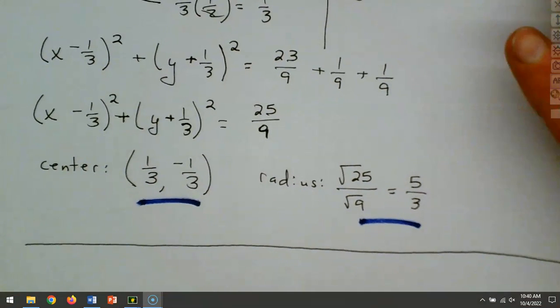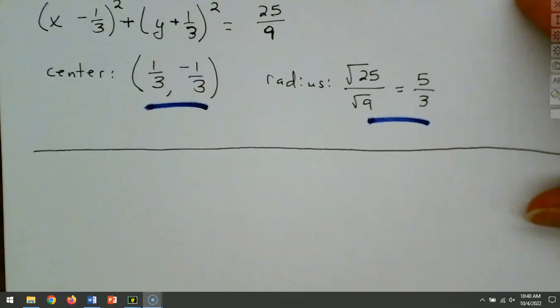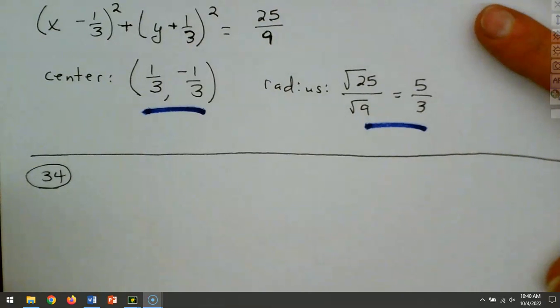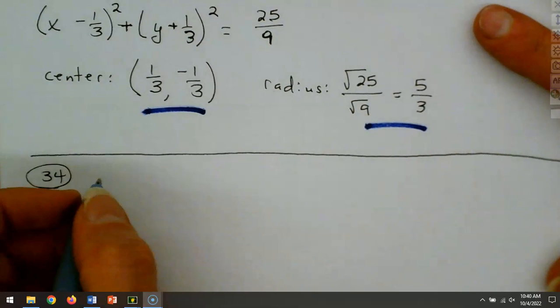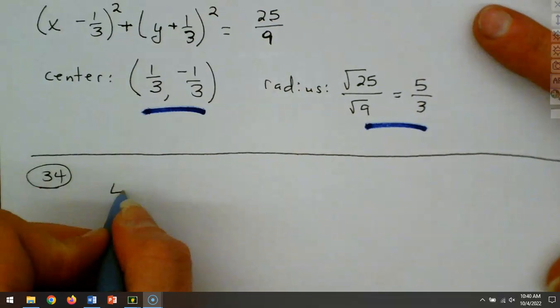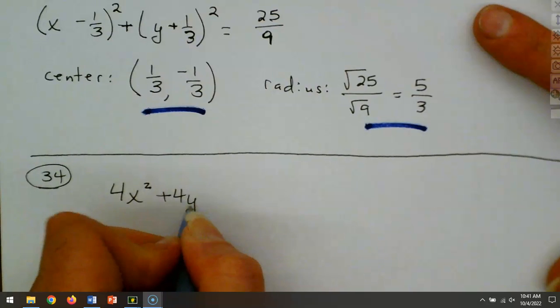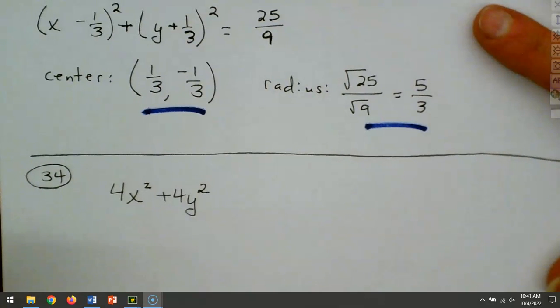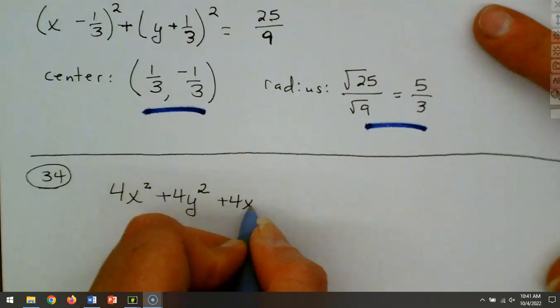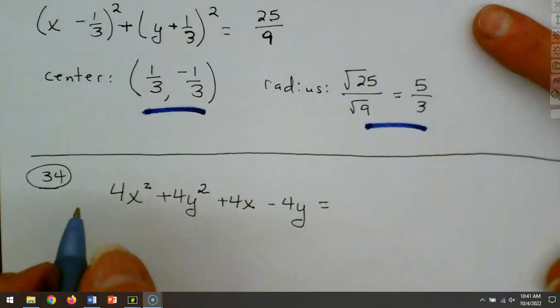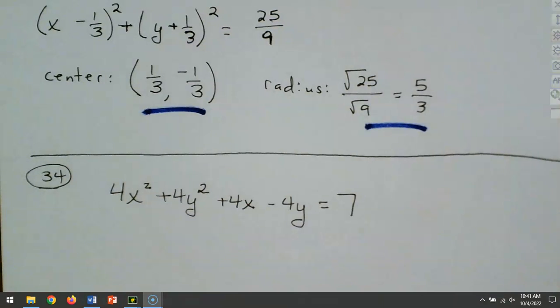So question 34 is another one where you're going to have to divide. And I'm going to go ahead and move that 7 over. Okay, so I went ahead, and the first thing I did was I moved that 7 over.